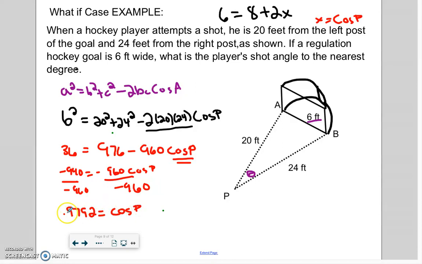I don't want you to worry if this comes out to be negative, because that's not a big deal. I've always told you to stay away from those negatives because we're looking for the reference angle.